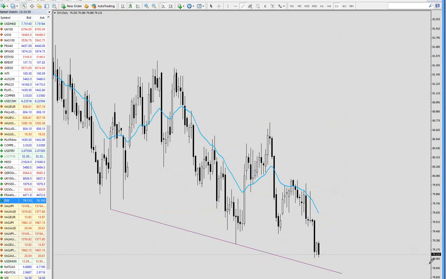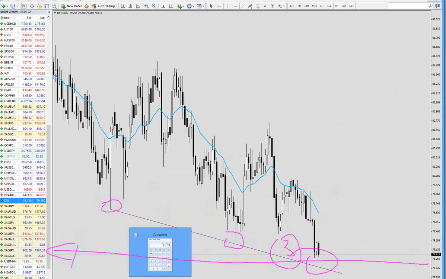The 79 level was previously a huge support, and right now, based on some lower lows, we have a third approach here. So definitely I would be very careful selling dollar here, and this chart is especially similar to the dollar Swiss franc daily chart as well. So we are very close, definitely very close to support.